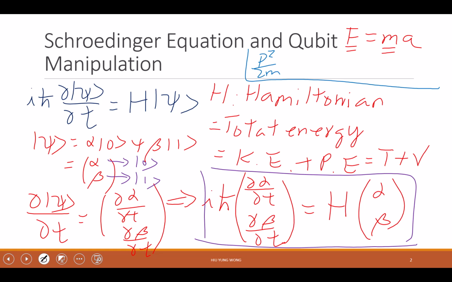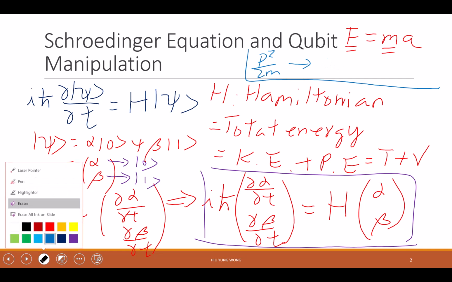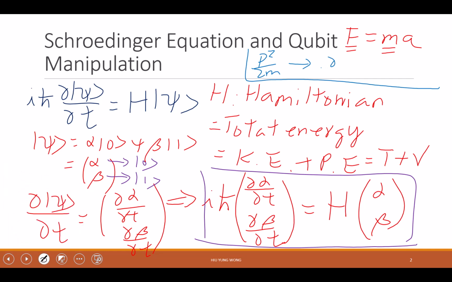For this kinetic energy, you are going to change the p. What do you substitute? Actually, I forgot. Is it divergence of x? If it is one dimension, you will just substitute p with partial x, and then I think it is negative i h bar partial x.